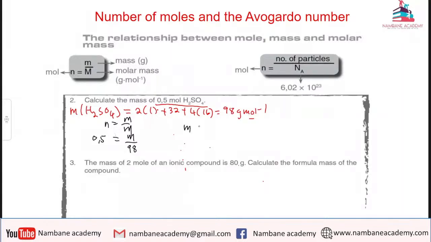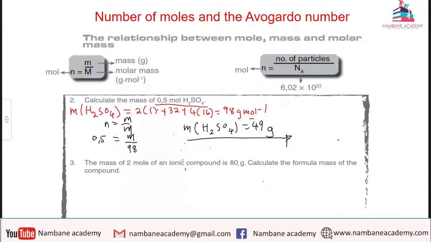Then I'm going to say mass of H2SO4 is equal to, calculator, 98 multiplied by 0.5. This will give me something like 49 grams. Very, very important and very easy to do.